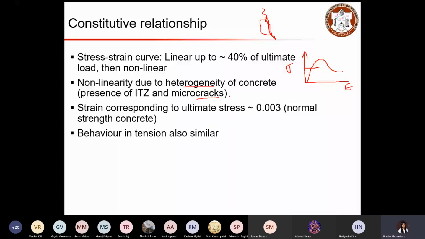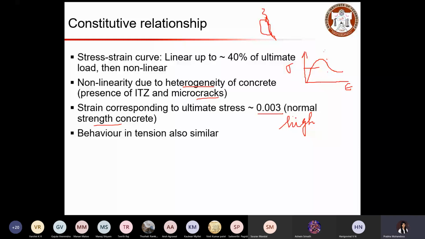Most often, the strain corresponding to the ultimate stress will be 0.003 for normal strength concrete, and this strain will be reduced for high strength concrete. High strength concrete will not experience such high deformation, and once the peak is reached, the member will break immediately in a brittle manner.